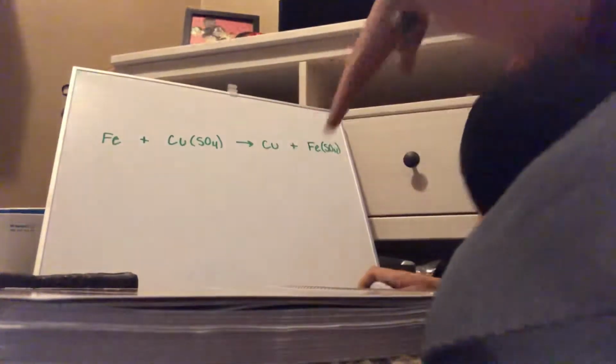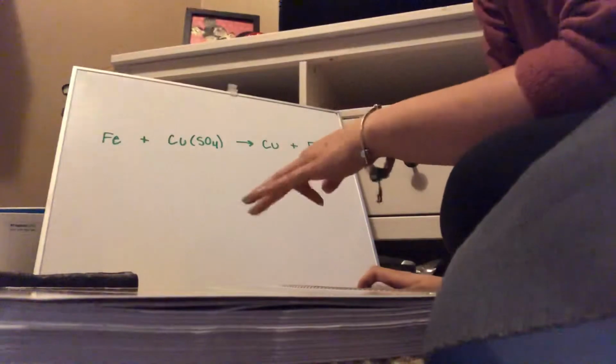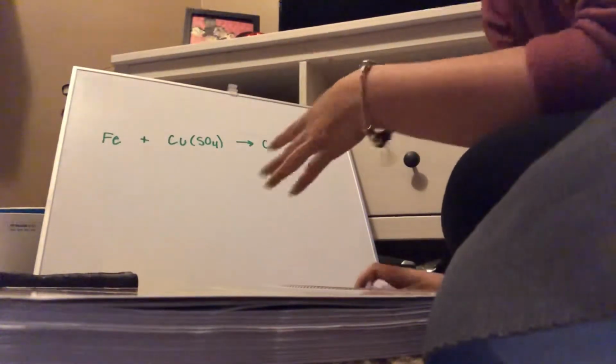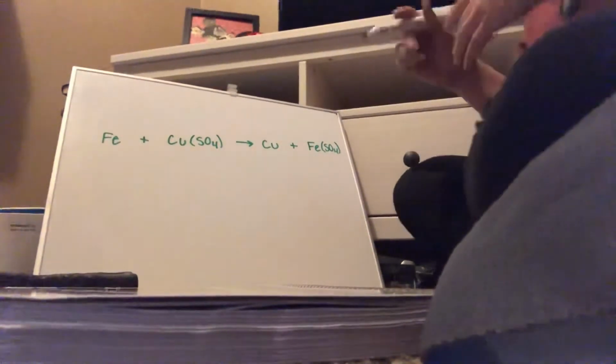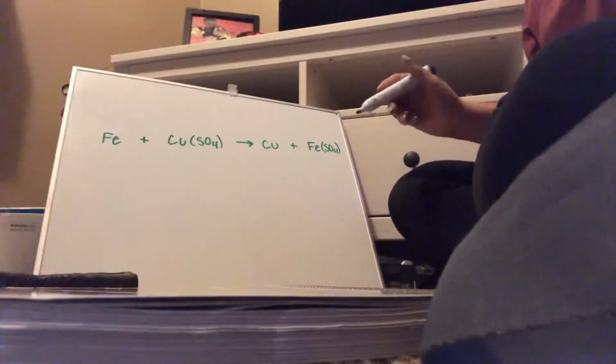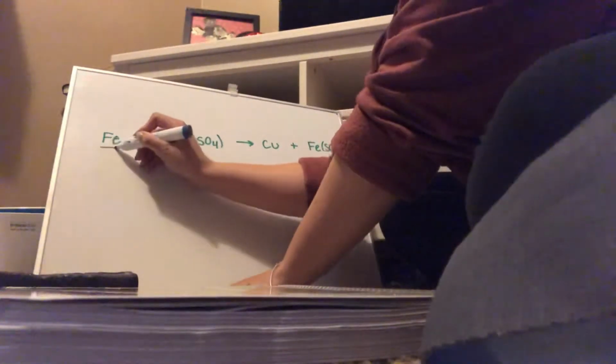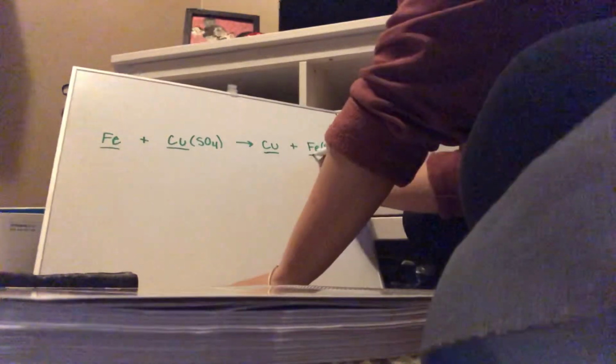So, very simply, you don't even need to look at the stoichiometry of this to understand what's happening as far as the type of reaction. All you need to recognize is that this iron and this copper are switching spots.